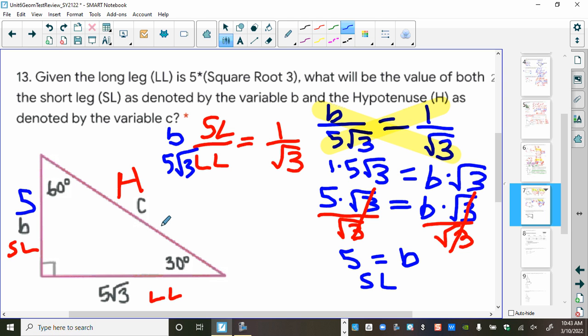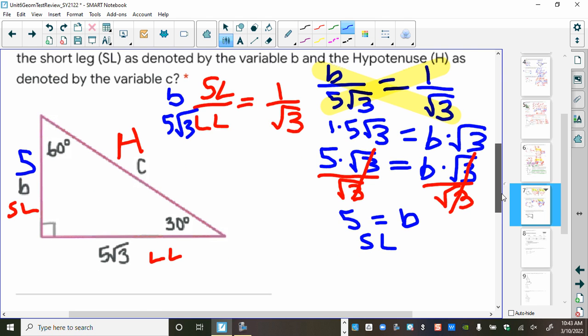Now, does anybody remember the quickest way we can go from the short leg to the hypotenuse in a 30, 60, 90 triangle?